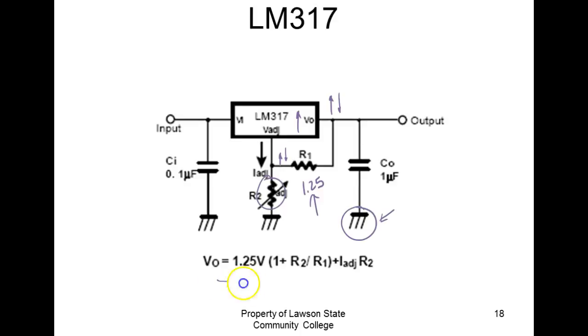And this formula looks kind of hairy, but you don't really need to use that. What we do is there's almost no current flow into it to make this thing work. So when we calculate this divider right here, basically we do it on our pot.